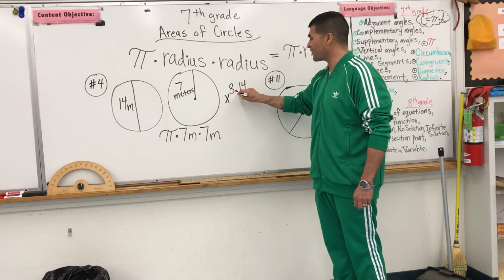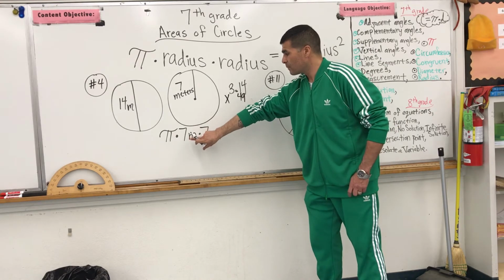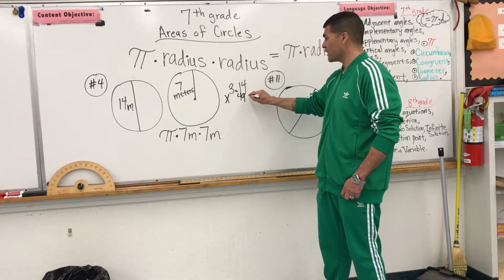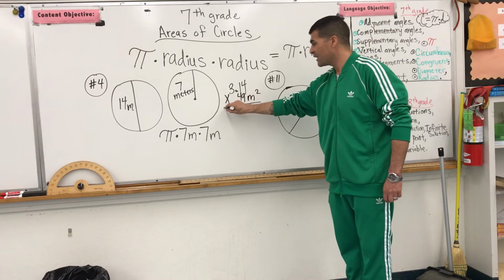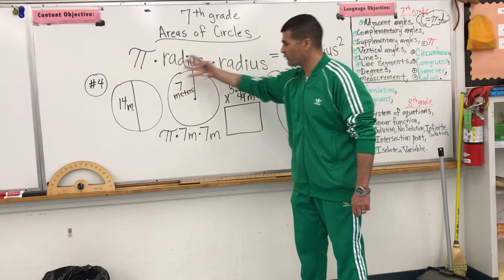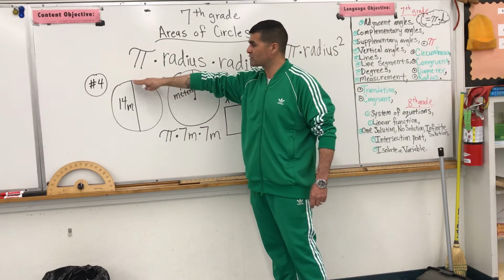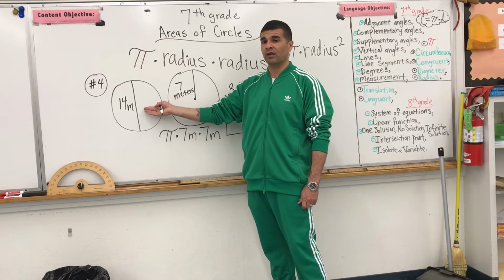We're going to multiply that by 49, but we're going to remember the units, because a meter times a meter is a meter squared. And this is what we're going to multiply in order to find the area of problem number 4 for this circle. So remember, we started with the diameter, but we don't multiply with the diameter for the area of a circle.